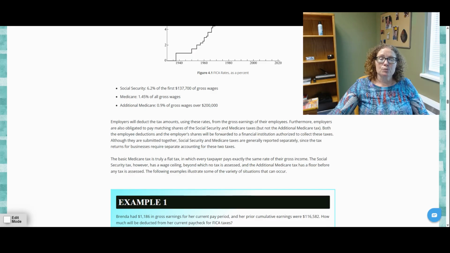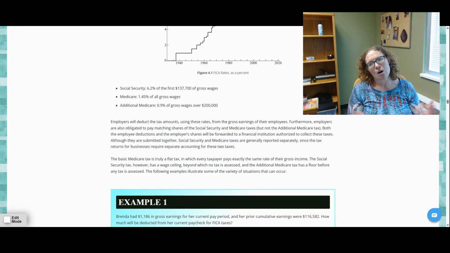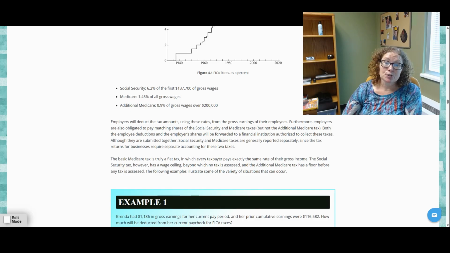The employee's portion and the employer's portion are submitted to the Social Security Administration and Medicare, so that they can make sure that the two taxes are taken care of.